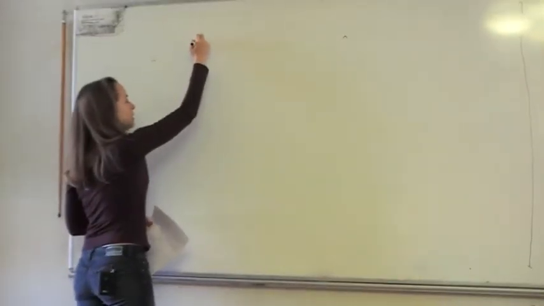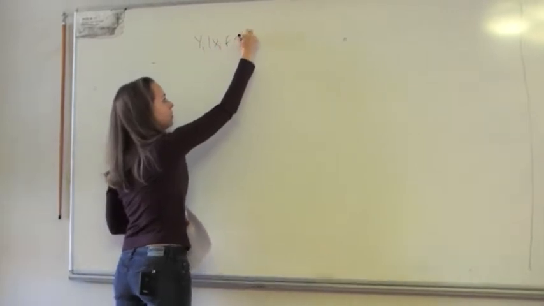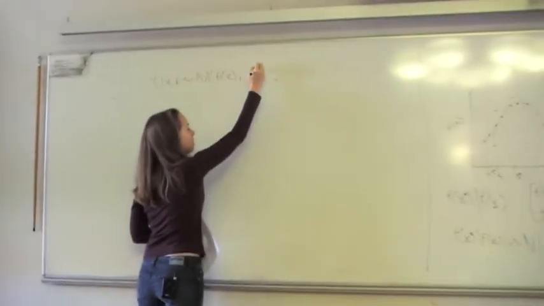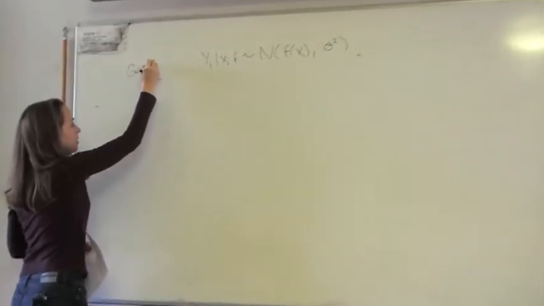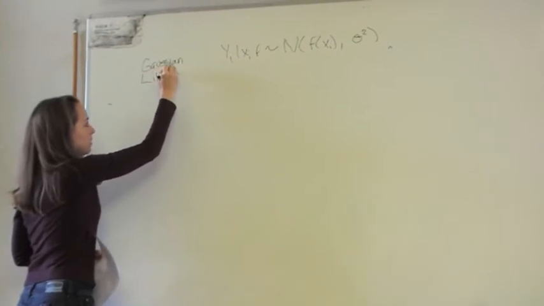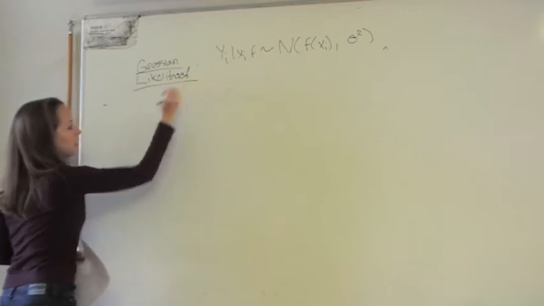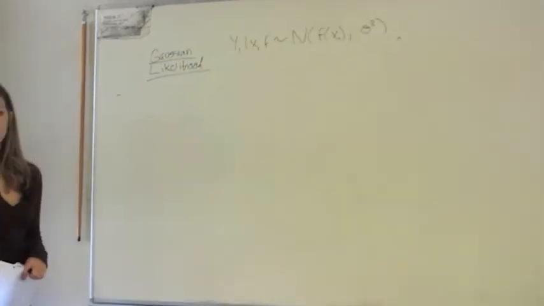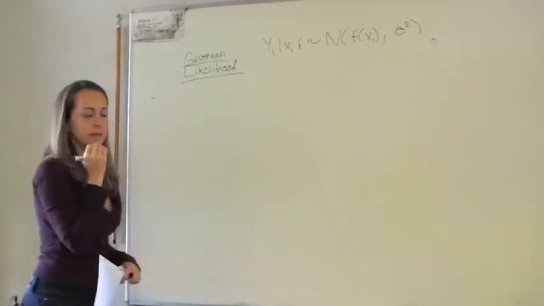So if we use the Gaussian likelihood, as we saw yesterday, this is the Gaussian likelihood. What makes GPs so nice to work with is that they're conjugate to this Gaussian likelihood here.